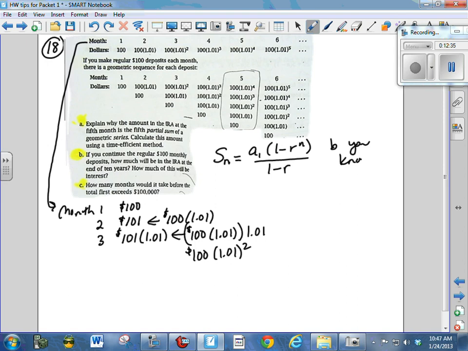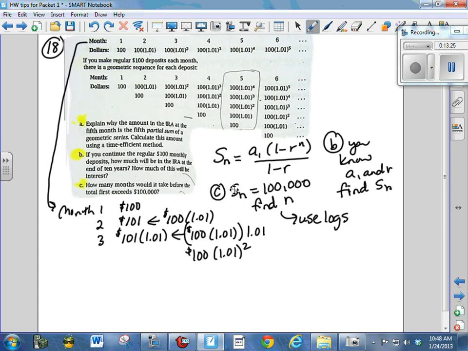And notice that n right here is an exponent, so you're going to need to use logs. So you're going to substitute 100,000 for S sub n. A sub 1 is still your $100. R is 1.01. And then you need to solve it for n. So that is the process for Part C.